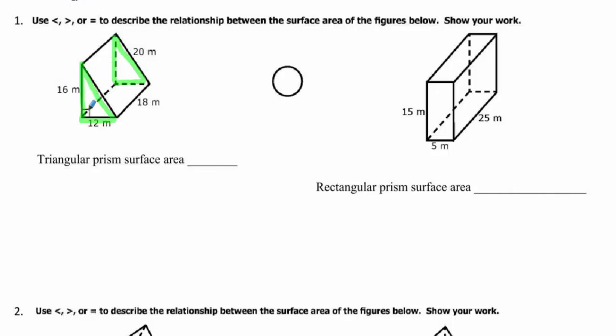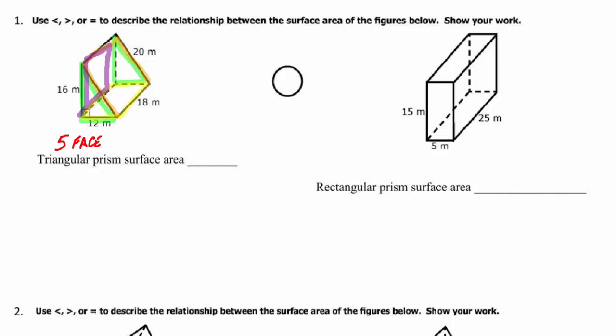We have a rectangular face on the bottom, a rectangular face on the side, and a rectangular face in the back. So for this particular figure, there are 5 faces. Of those 5 faces, 2 of them are identical. The 2 triangular faces are identical.